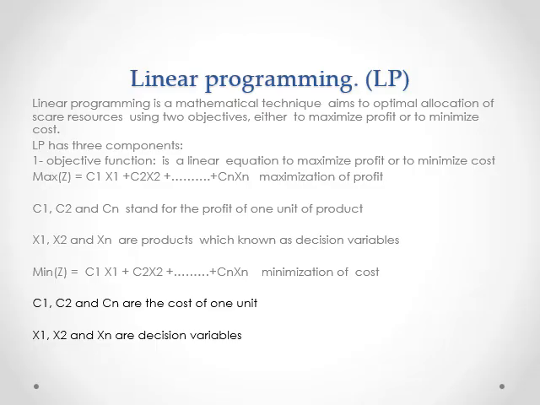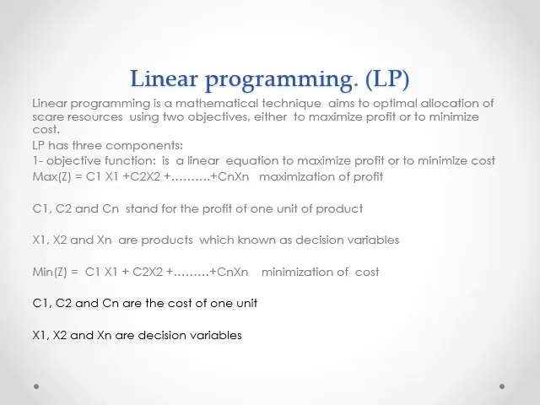So actually, as we mentioned before, the objective function is a linear equation. X1, X2 and Xn are known as products or decision variables.